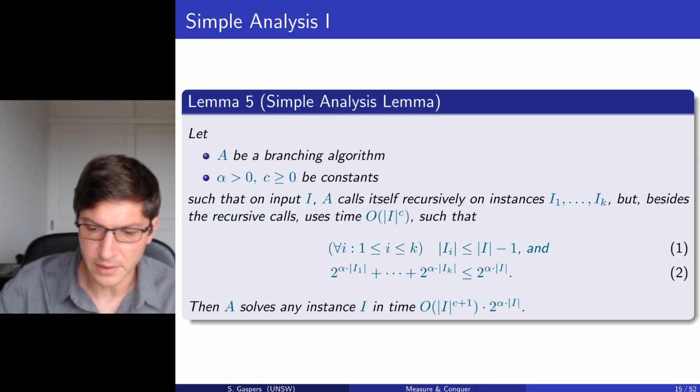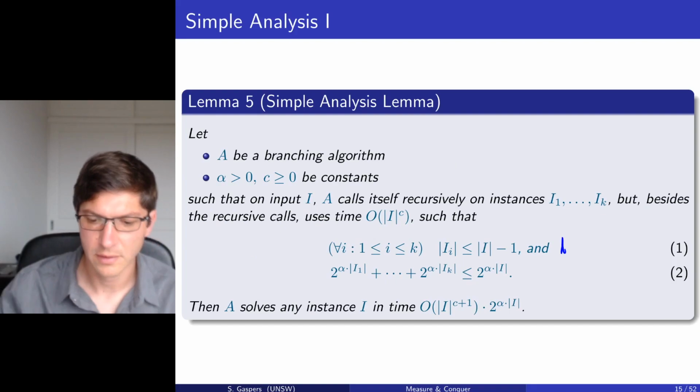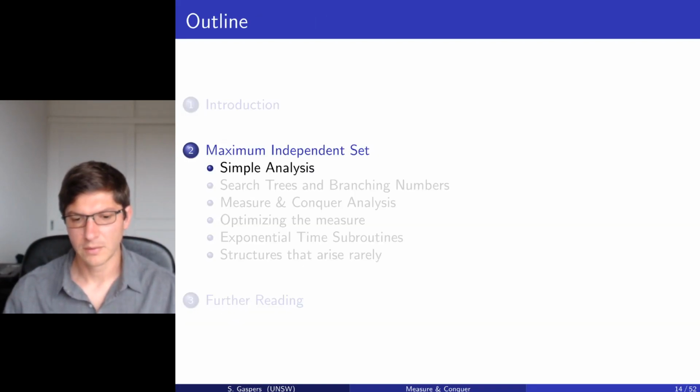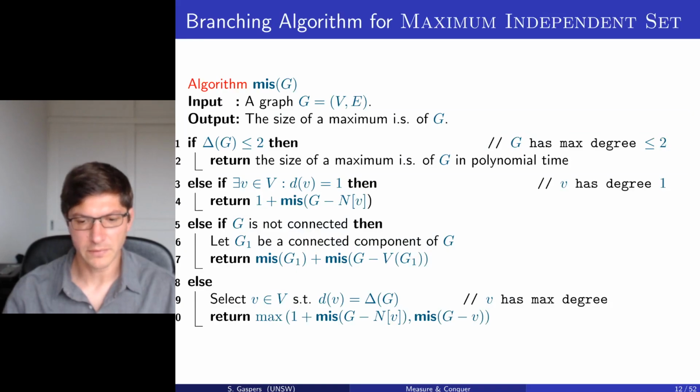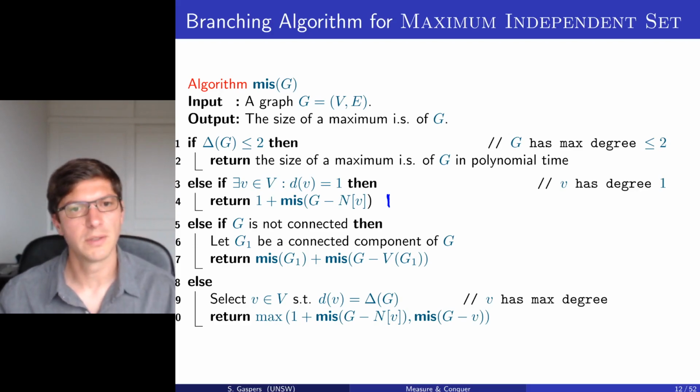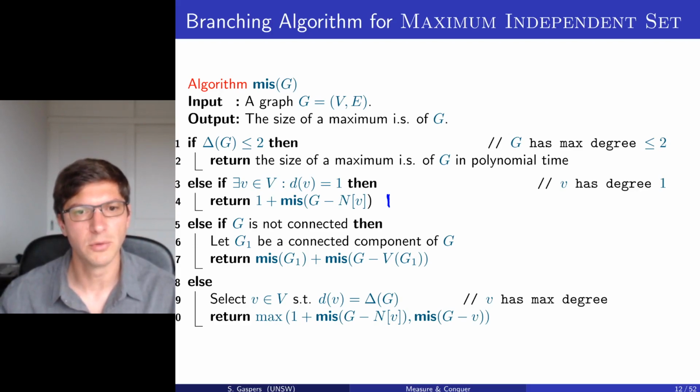We have this constraint here that the size should decrease whenever we do a branching. Let's get back to the algorithm and see what happens. So we do a branching here, for example, and 2 vertices get removed, so the size clearly decreases.